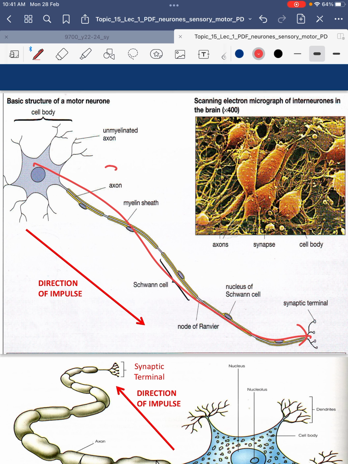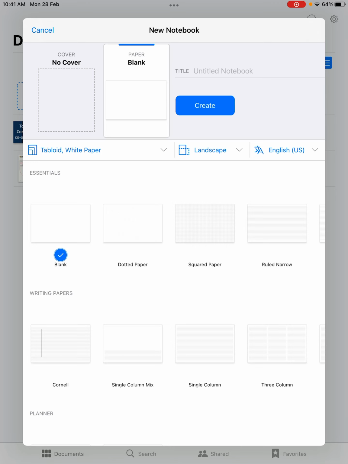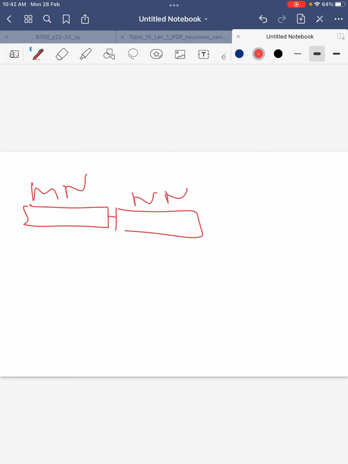Here we have one motor neuron. In real life, normally a motor neuron is connected with another motor neuron, and then with another motor neuron until it reaches the effector.